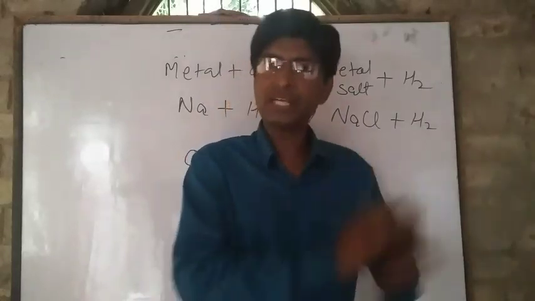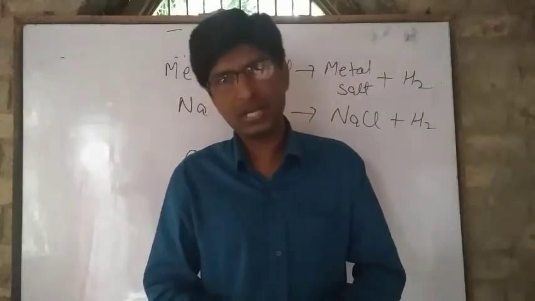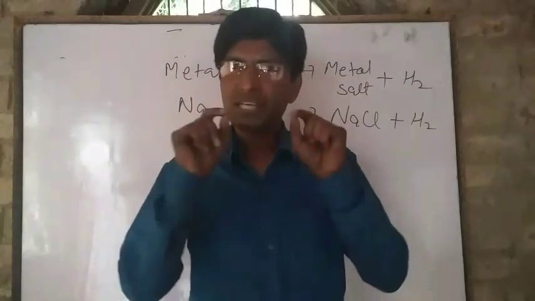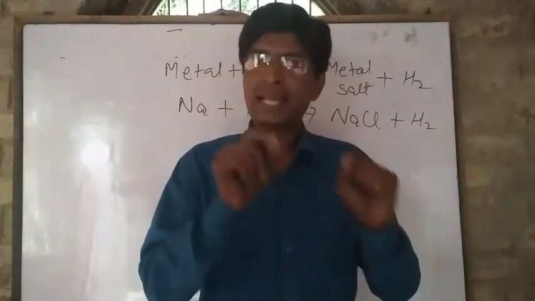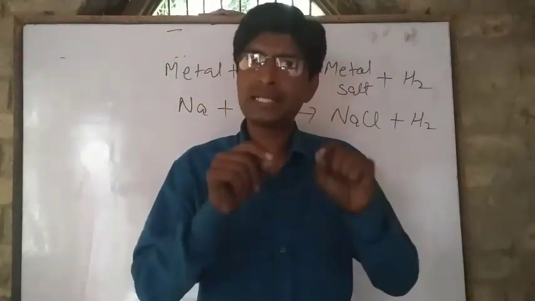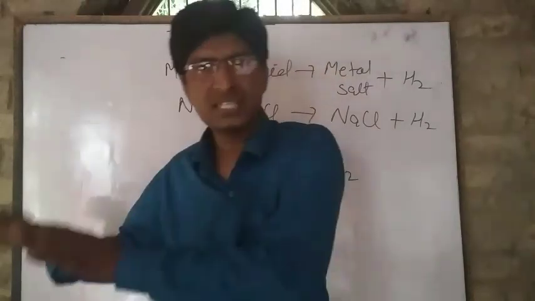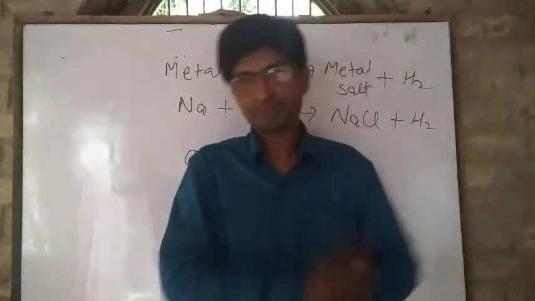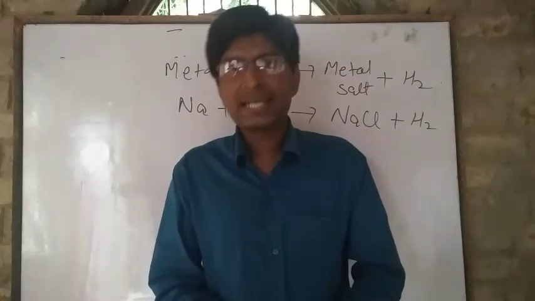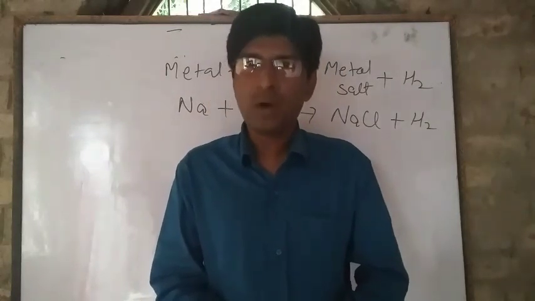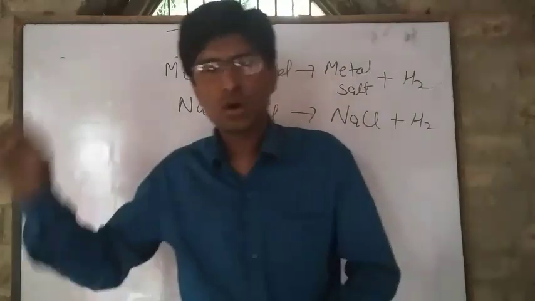So you must remember that generally nonmetallic oxides like sulfur dioxide, carbon dioxide, nitrogen oxide are acidic in nature, but some nonmetallic oxides like carbon monoxide and water are neutral oxides.